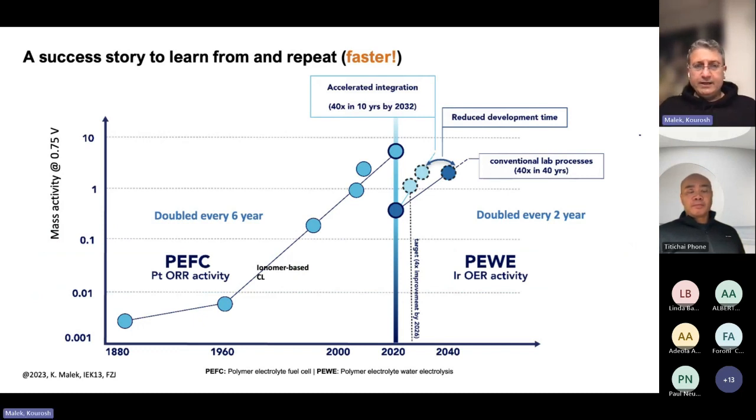There's a lesson that we can learn from what happened in the past, apply that to a new era of hydrogen production.